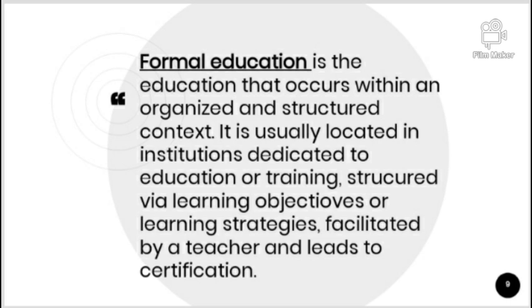So in formal education, we have school, for example. We have teachers, we have students, and we have a program. We have materials, the books. And at the end of each semester or each year, we have a certification. All these things mean that it's formal education. So this is formal education briefly.